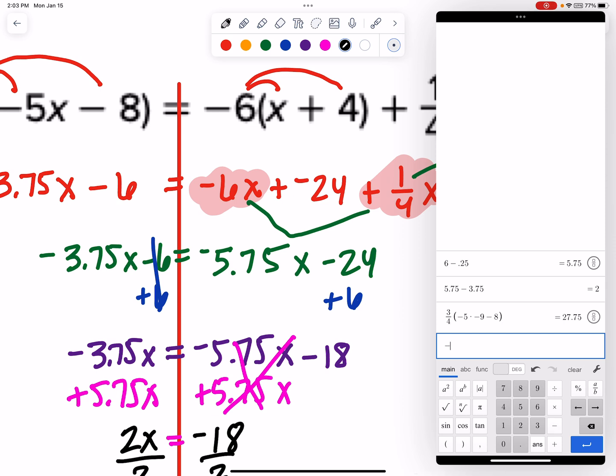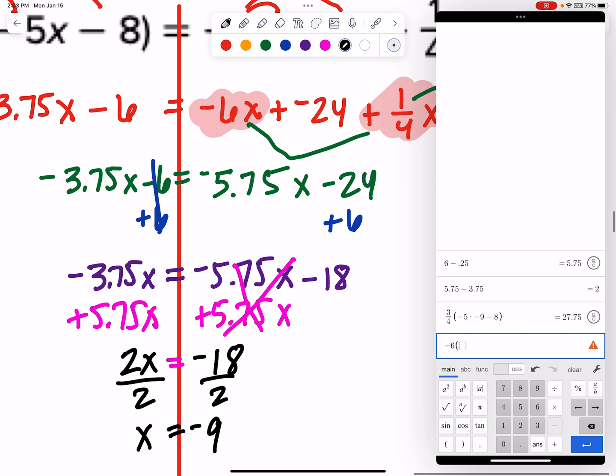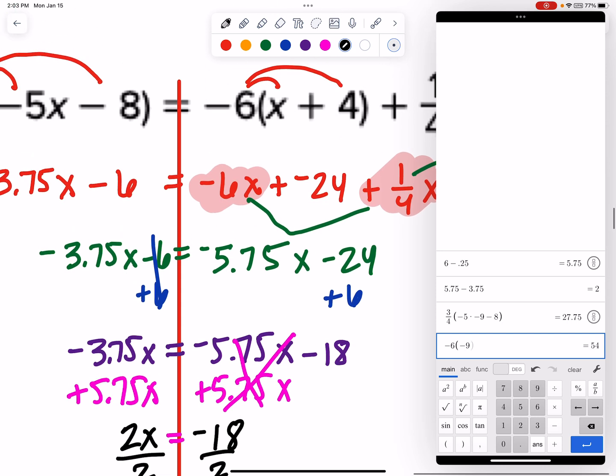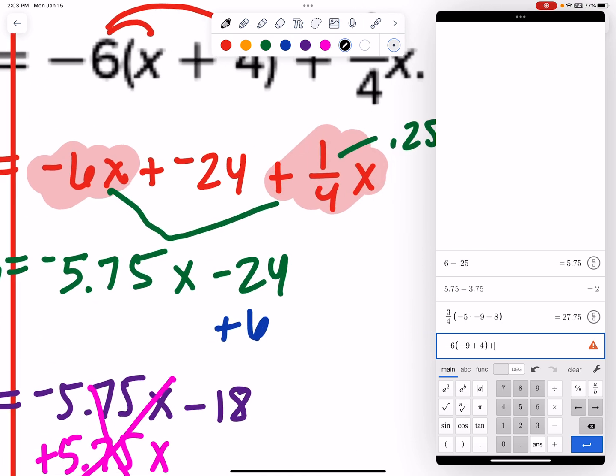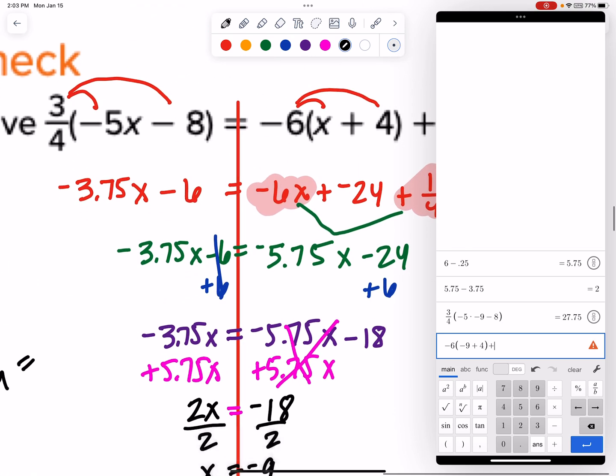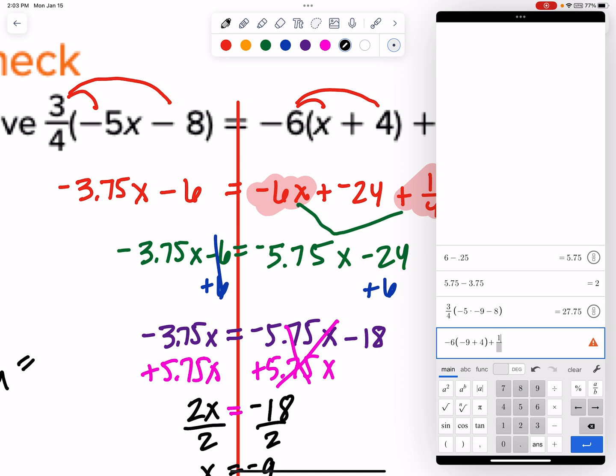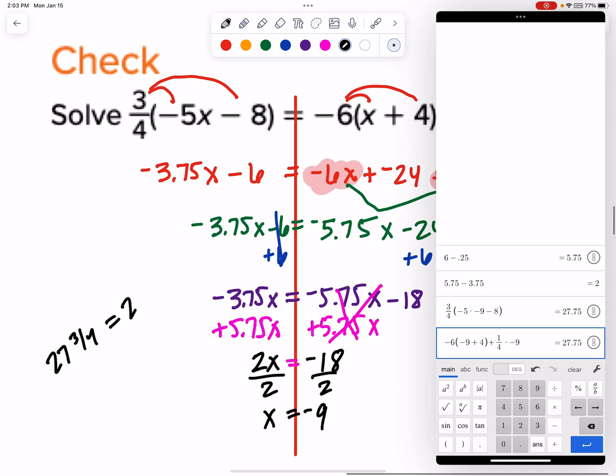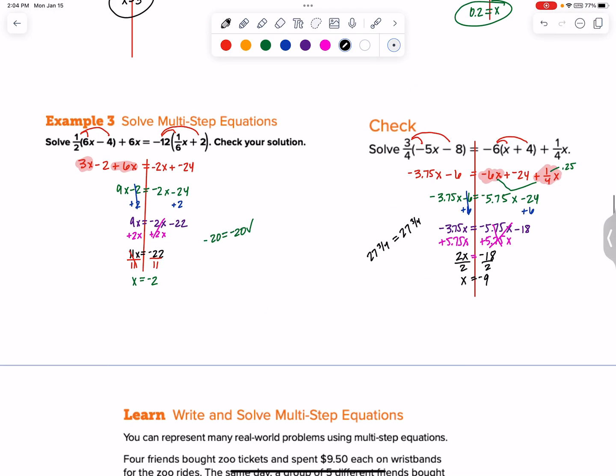So we have a -6 times the quantity of -9 plus 4, close parentheses, plus 1/4 times x. Okay, plus 1/4 times -9. 27.75. Yay! There we go. All right, we are good now. Okay, so there's that process.